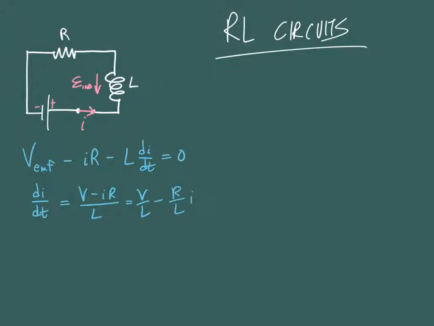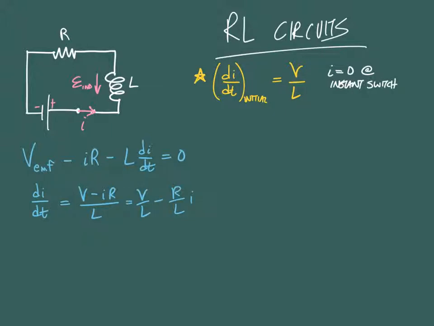Now, some things to consider. Let's pay attention to something here. So di dt initially is going to be just voltage per inductance, okay, and what's happening here, I is going to equal 0 at the instant that the switch is closed.